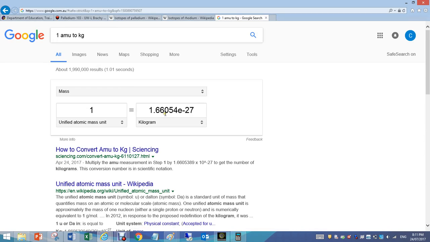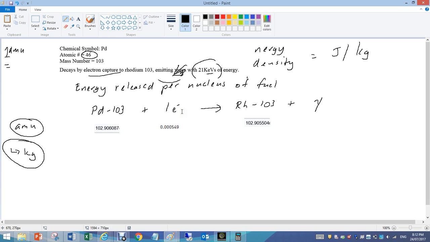Yep, so let's use 1.6606 by 10 to the negative 27. We can use Suzanne rule to convert that. We know that 1 AMU is 1.6606 by 10 to the negative 27. Of course you don't have to use Suzanne rule, you could do it otherwise. It's just the way I'm doing it. So we know that 102.906087 AMUs is how many kilograms?